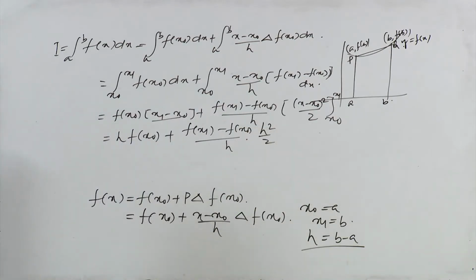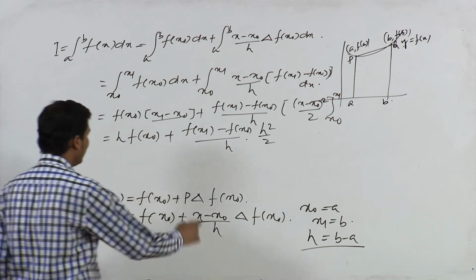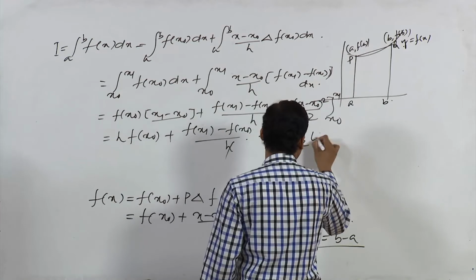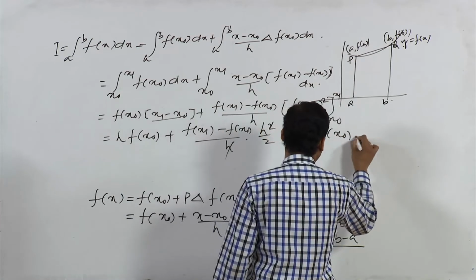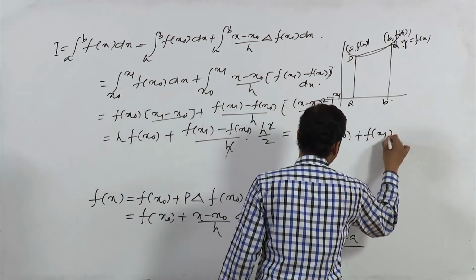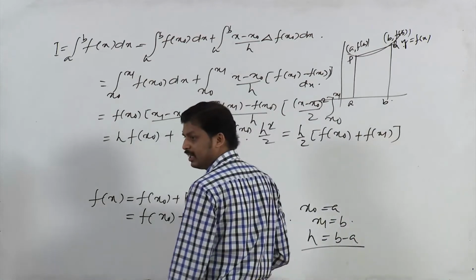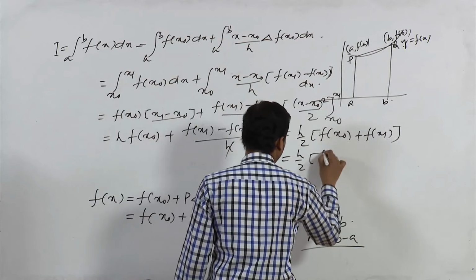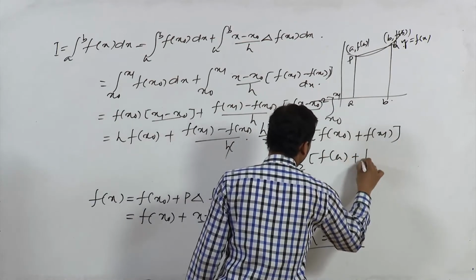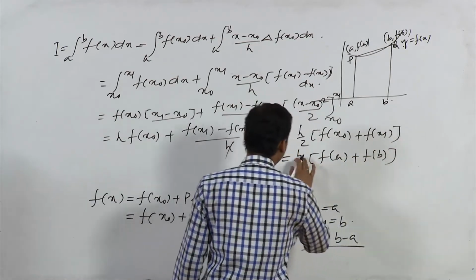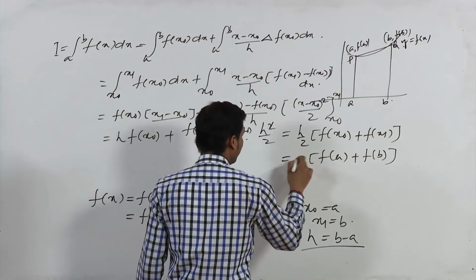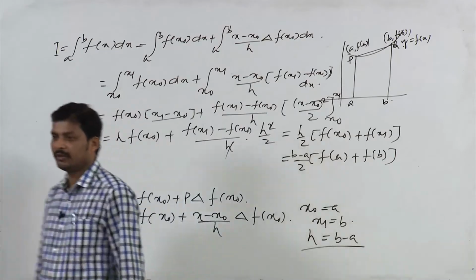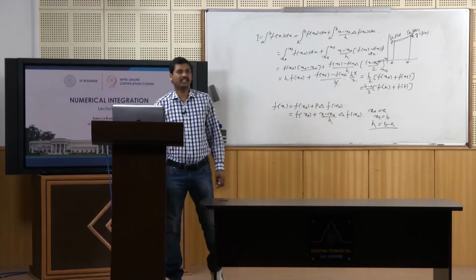Finally, this can be written as (h/2)(f(x0) + f(x1)), which can also be represented as (h/2)(f(a) + f(b)). If we replace h in terms of b and a, this is ((b − a)/2)(f(a) + f(b)).